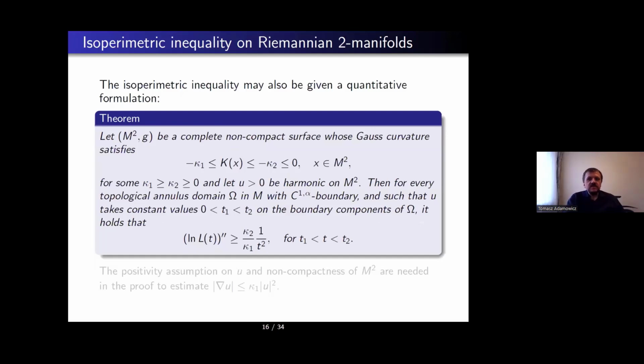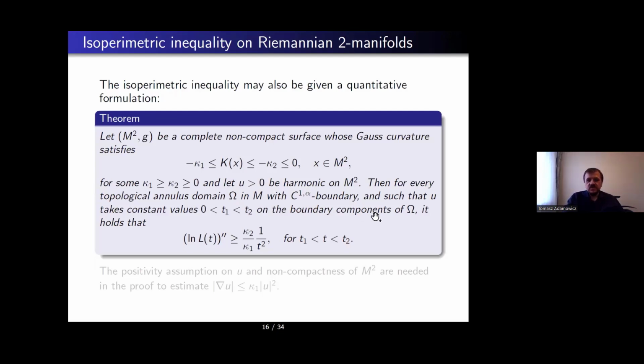And there is yet another observation related to the isoperimetric inequality, namely that it can be given a more quantitative formulation under slightly stronger assumptions. So let M be a complete non-compact surface with Gauss curvature satisfying the following inequality with kappa 1 and kappa 2 greater or equal than 0, and suppose that u is a positive harmonic function.